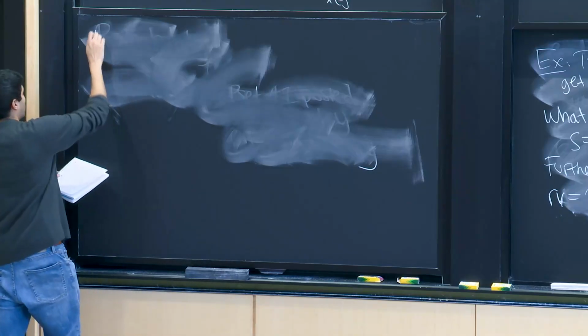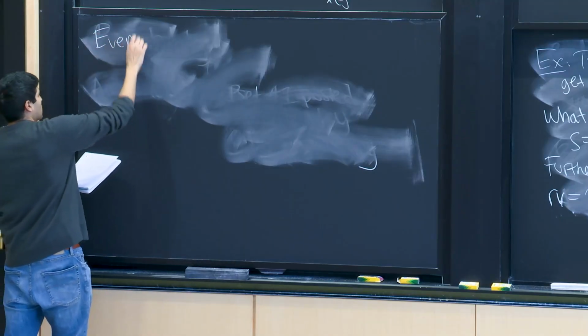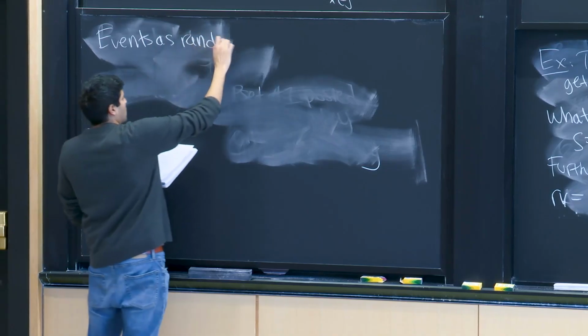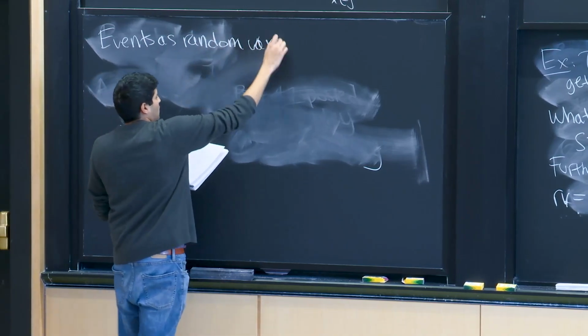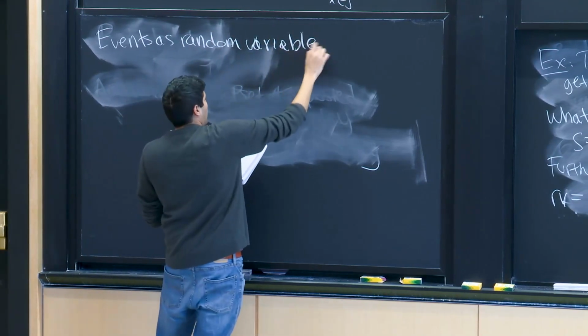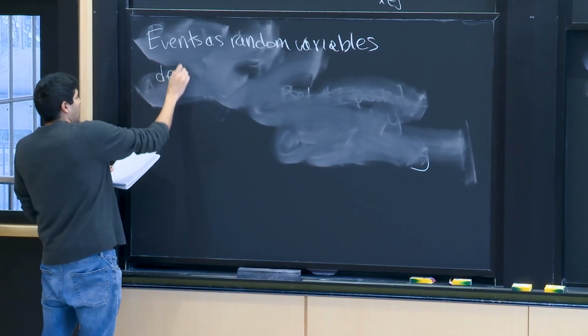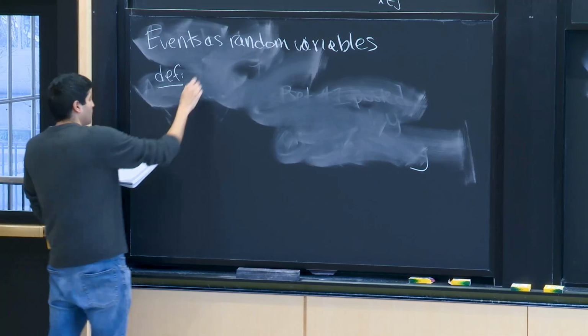So it turns out that we can actually treat events as random variables. This will be a very important trick that we're going to use all the time. This is called the indicator function.